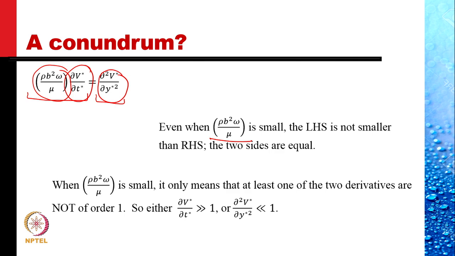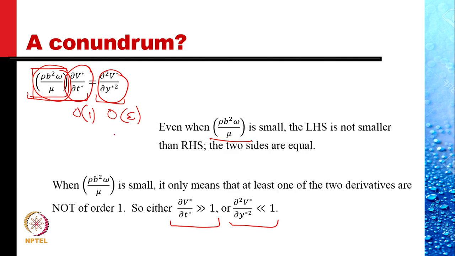So, either del v star by del t star is much greater than 1, or del square v star by del y star square is much less than 1. So, if this is order 1, then this should be of order epsilon, where epsilon is this parameter, rho b square omega by mu.